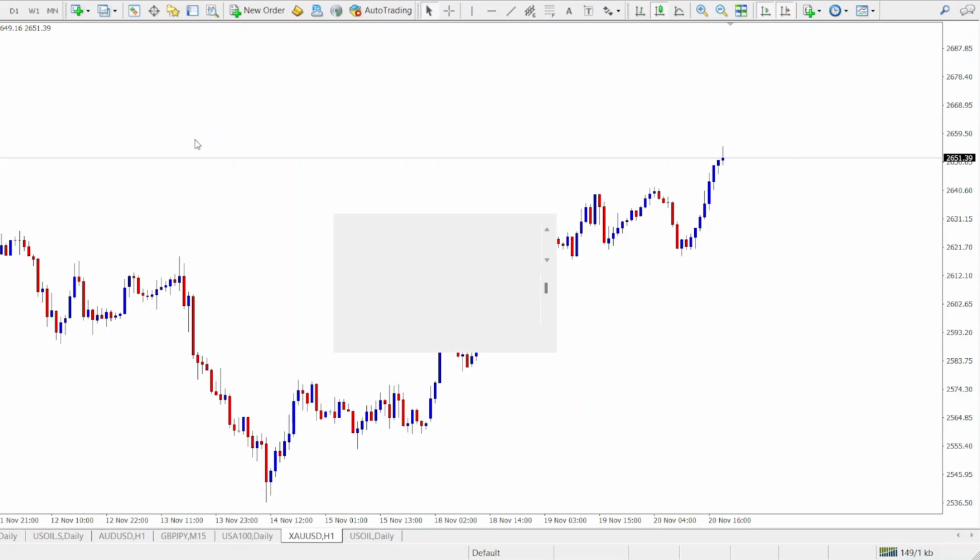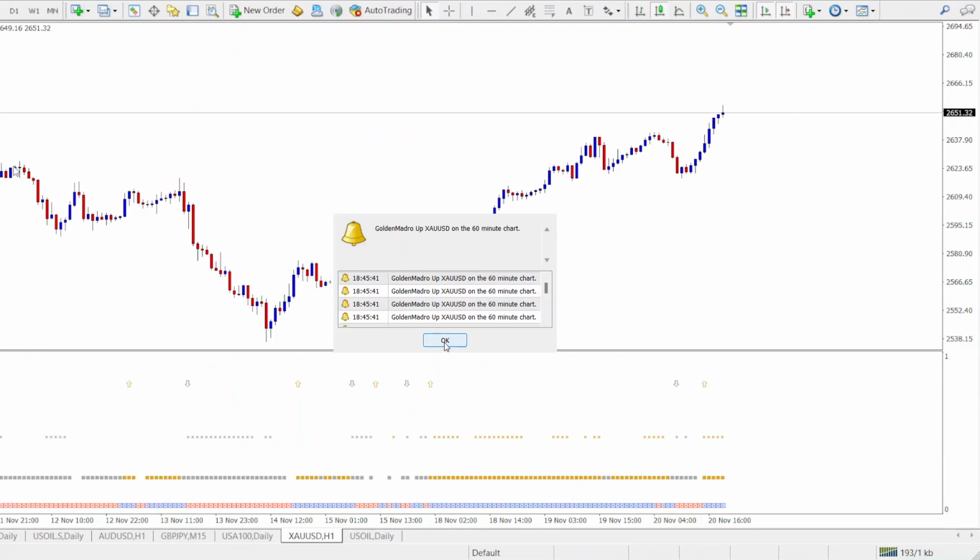This indicator is quite an interesting indicator. It's called the Madro Golden Indicator. And one thing with this indicator is that it gives you alerts. As you can see right here, the indicator gives alerts on the chart.